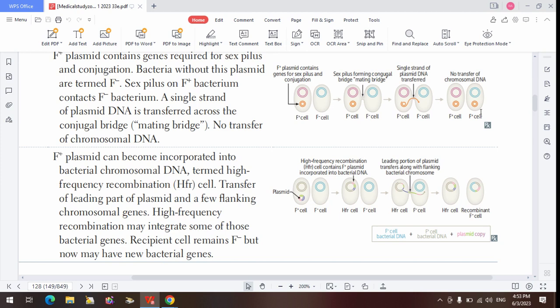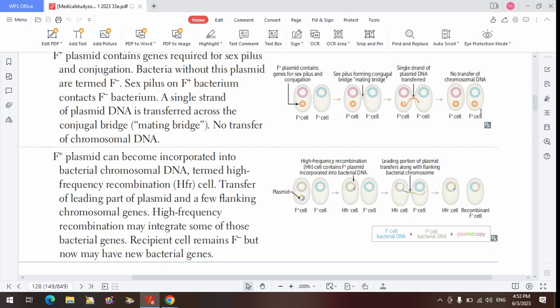So that's what I get from this one. So F positive that has the pilus tries to conjugate another F negative to be able to replicate itself in the F negative. Right? So that F negative now becomes able to also conjugate other ones.